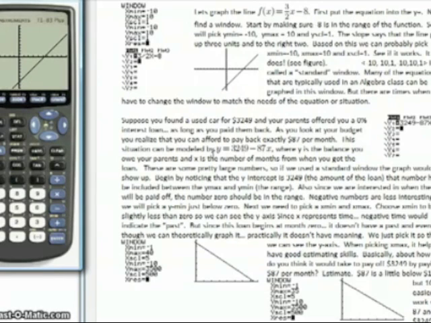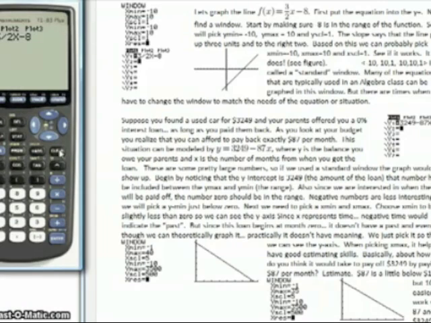Let's consider this next equation right here. This equation, y equals 3,249 minus 87x, where y is the balance you owe your parents and so forth from this particular situation. Let's just consider the example of y equals.